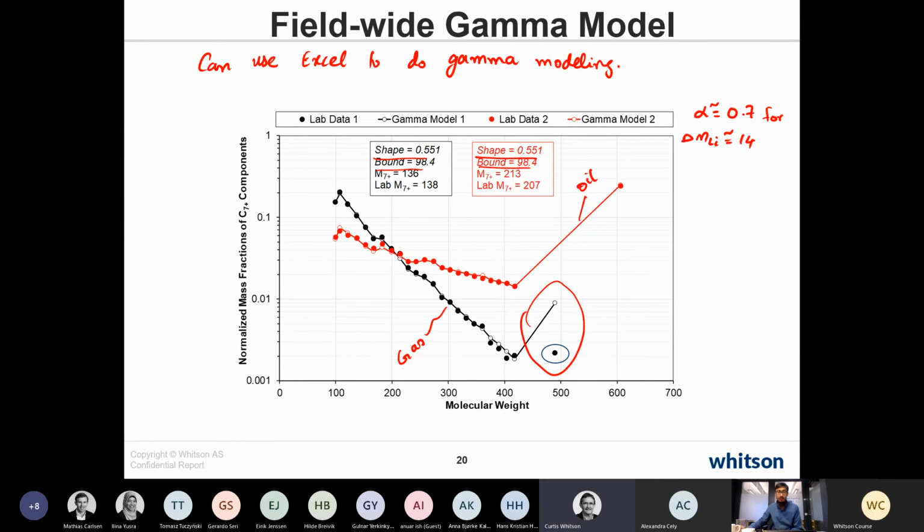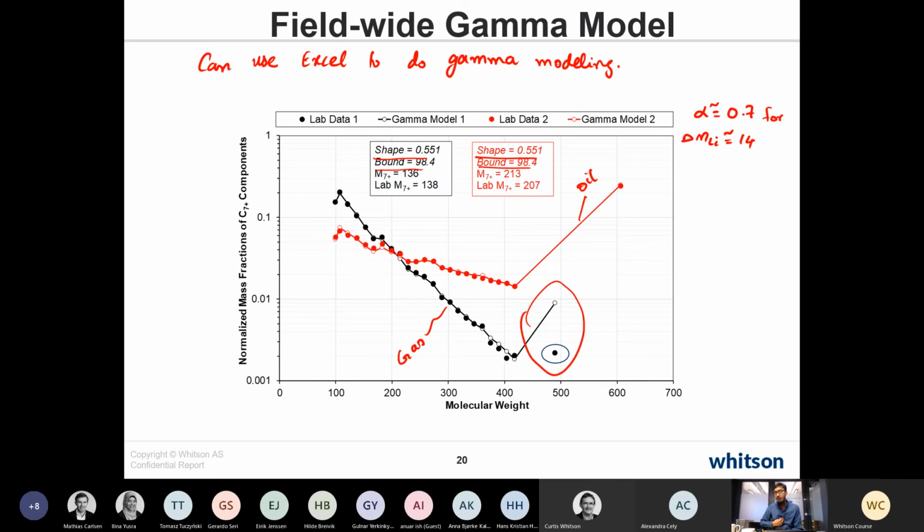Yeah, thanks, Curtis. As Curtis was saying, this can be done in Excel, and we are also aware that gamma modeling is generally not available in other PVT packages, at least PVT-SIM, which most people use. That's why, tomorrow when we do the exercise on equation of state model development, we will use a very comprehensive Excel file where we will do the entire C7+ characterization.